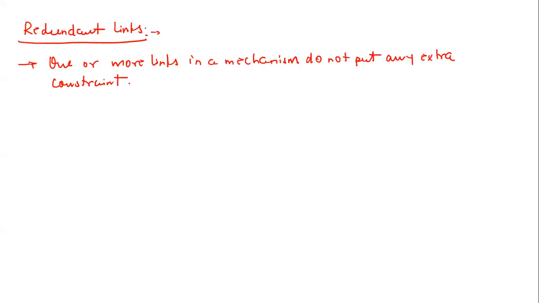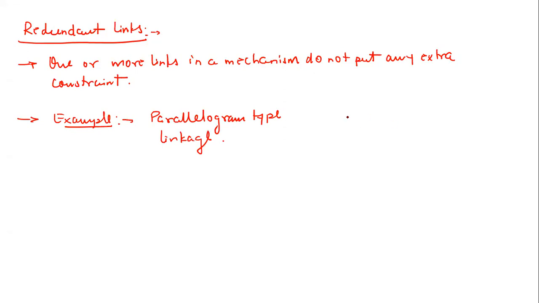So let us try to understand this. The best example for this is basically the parallelogram type linkage. Very important, parallelogram type linkage, right? So now let us try to understand this.